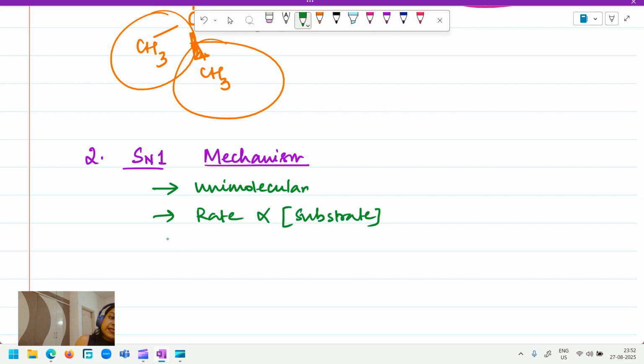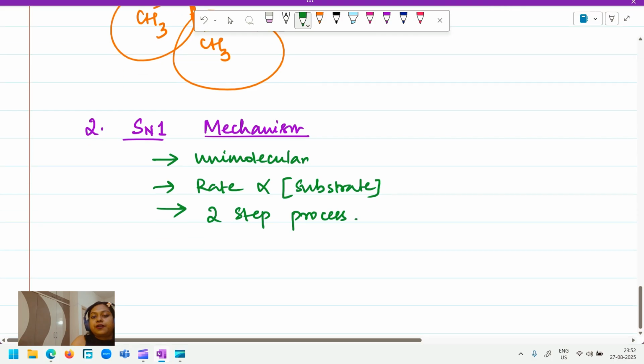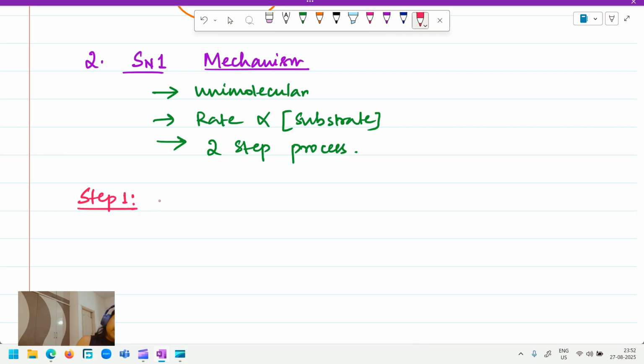And SN1 is a two-step mechanism, please remember. So what are these two steps? Step one is the formation of a carbocation, right?